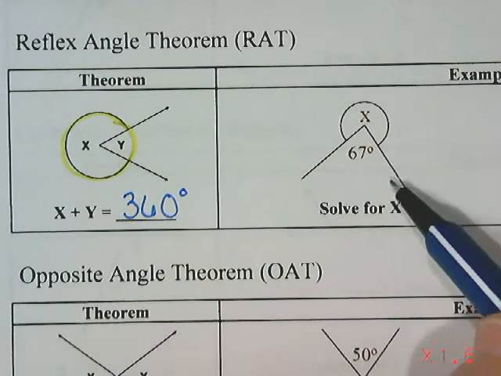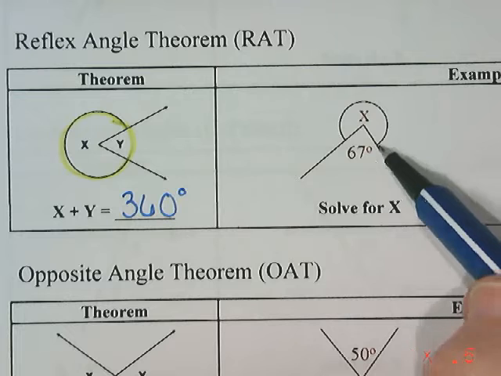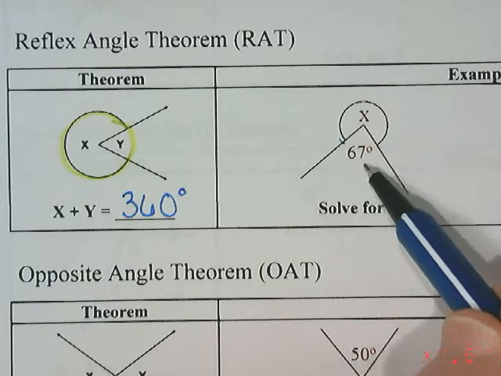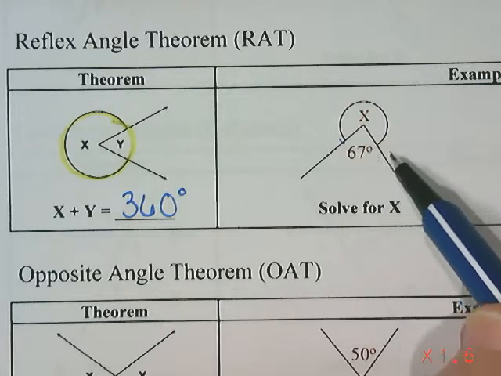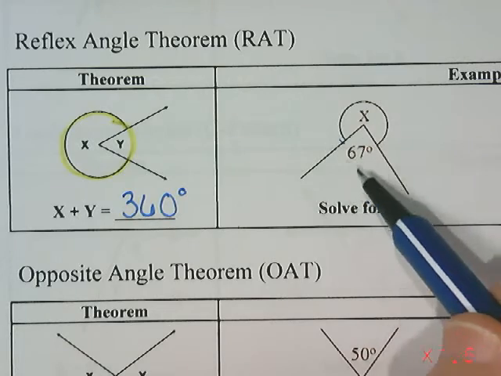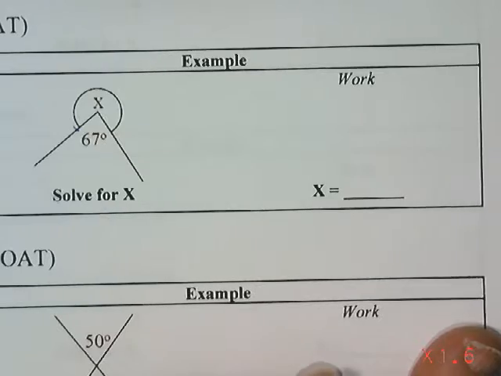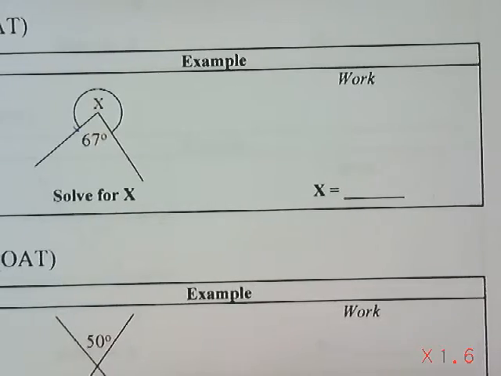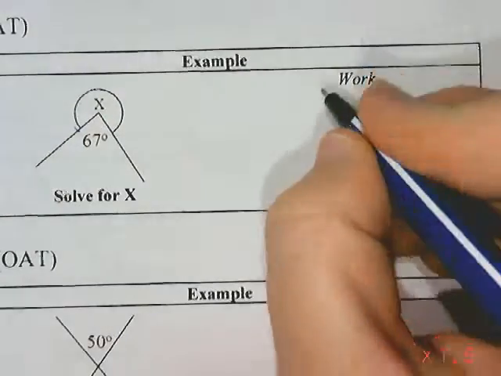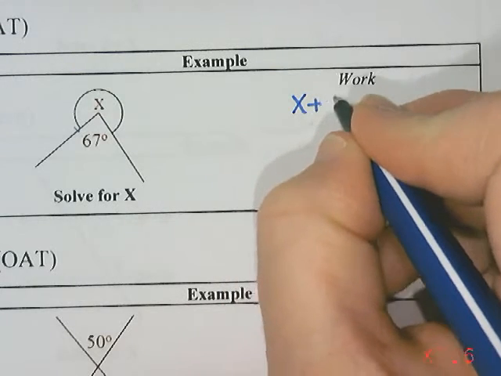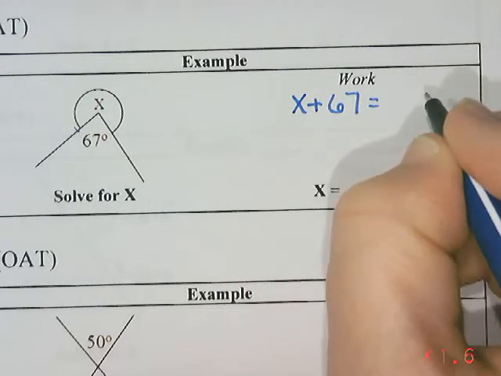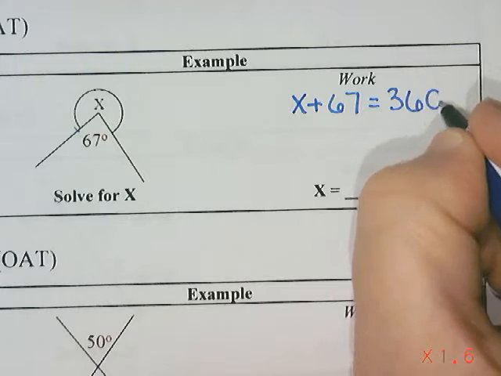All right, so in our example here, I have angle X, which is a reflex angle. I have this angle here, which is 67, and together they go all the way around in a full circle. So I know that I'm using the reflex angle theorem. So I want to make an equation. So I know that if I add X and 67, they make a full circle, so they equal 360 degrees.